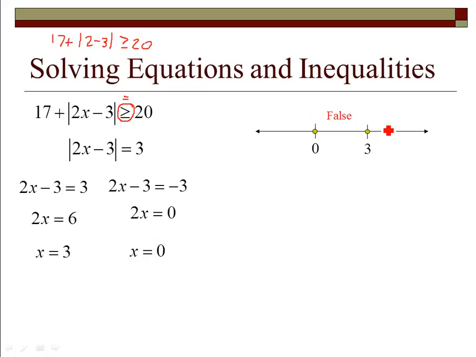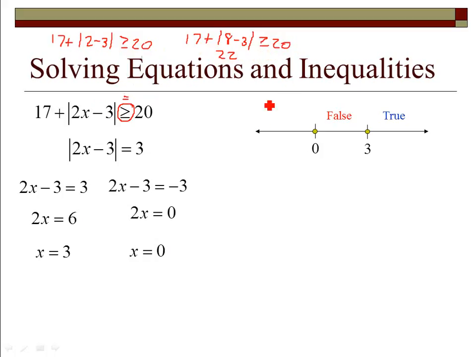So I'll try a number like 4. Now this should go true, false, true. But we'll still play it safe and plug in numbers anyway. If I plug in 4, I get 17 plus 8 minus 3. That's 5. And I get 17 plus 5, that's 22. 22 is greater than 20, so that's true.